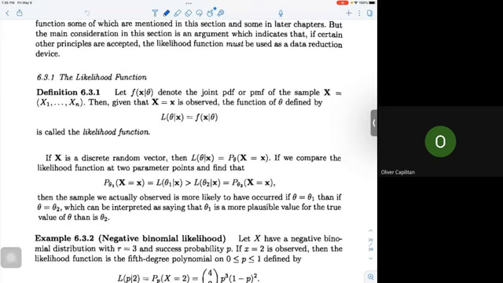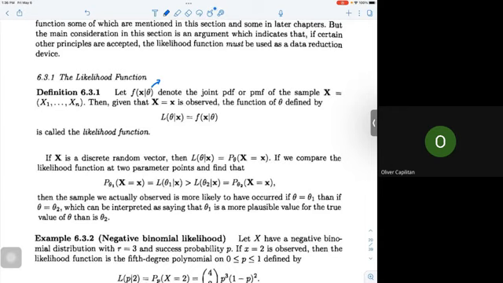Yet the likelihood function is actually a function of our unknown parameter theta, because the joint PDF per se is a function of our observed sample small x given our parameter theta. So in our PDF, we are considering theta as fixed but unknown, and the observed sample bold small x as the variable.